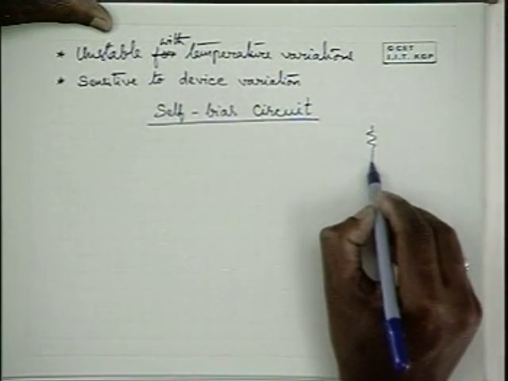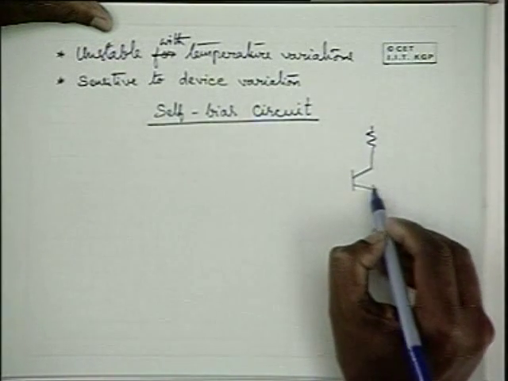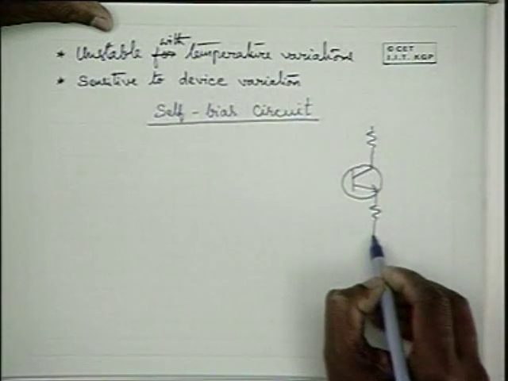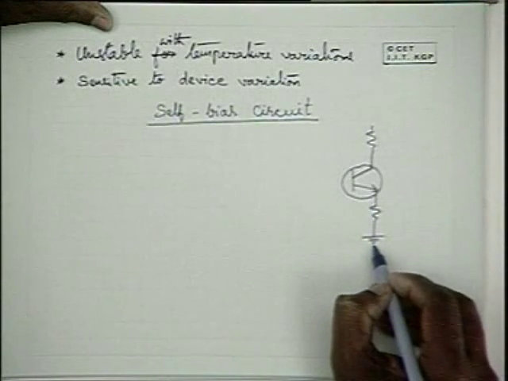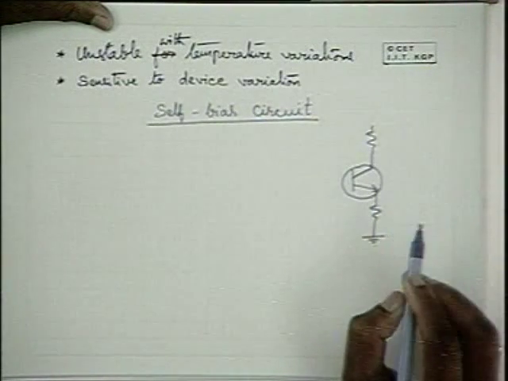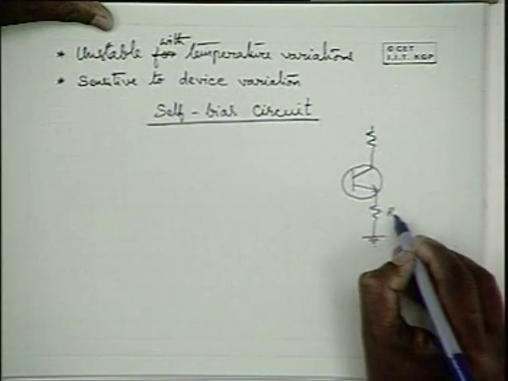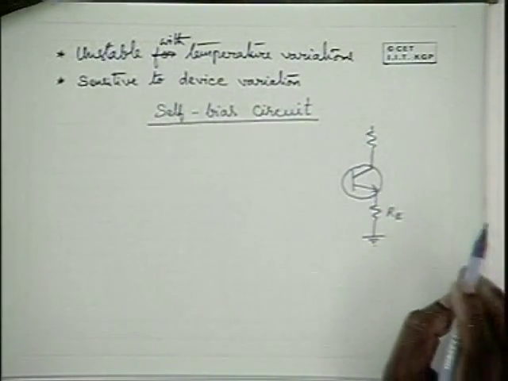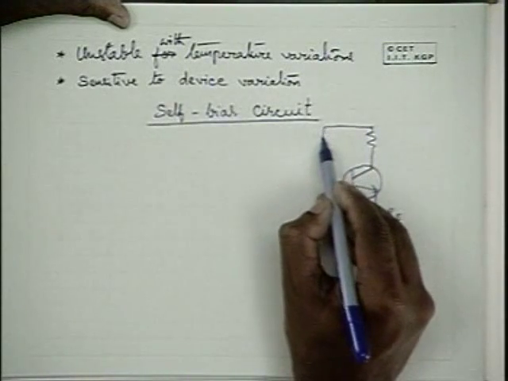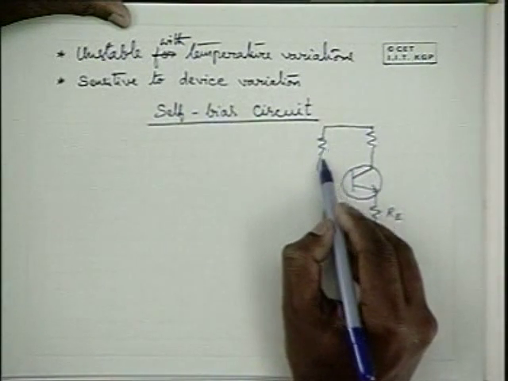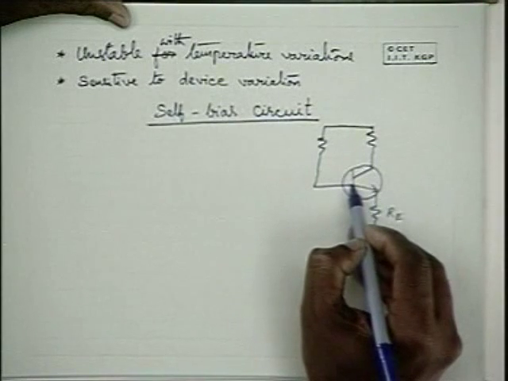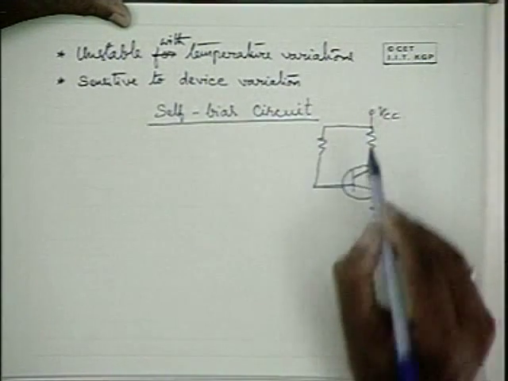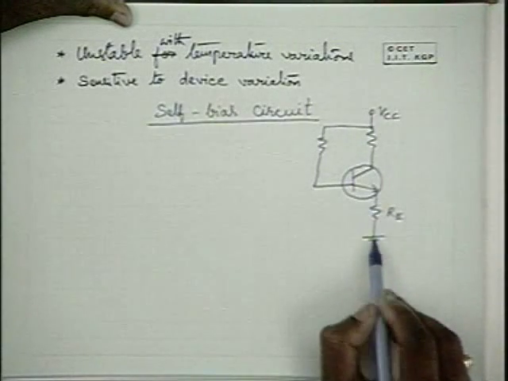So let us look at the self-bias circuit. It is similar to the fixed bias circuit, but it uses another resistance in the emitter. So it can be driven by a single resistance supplying the base current, like in the fixed bias circuit, but it uses an emitter resistance.